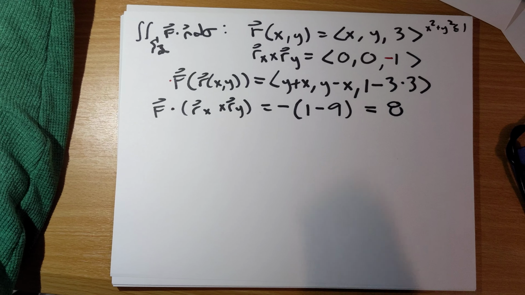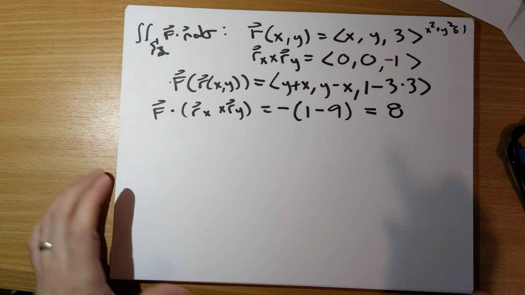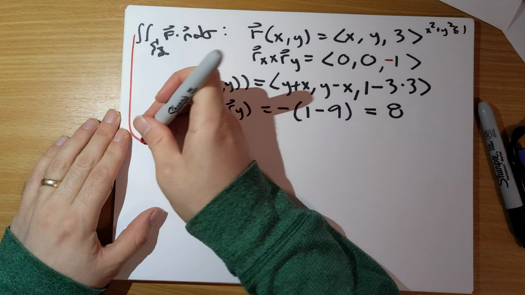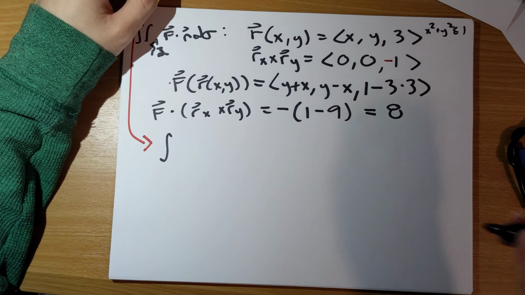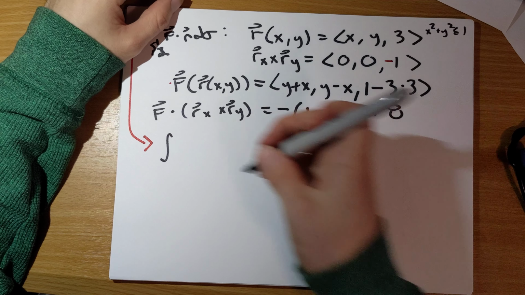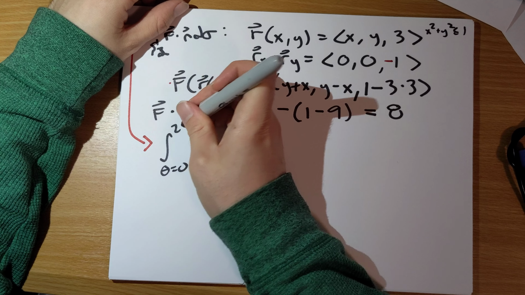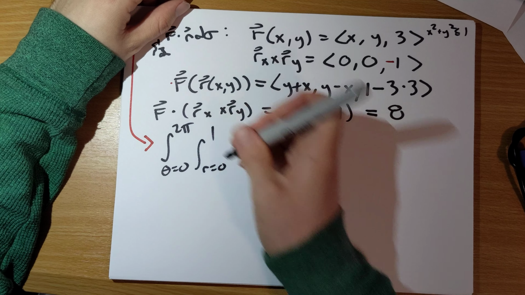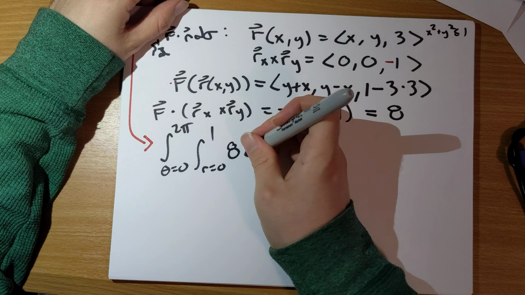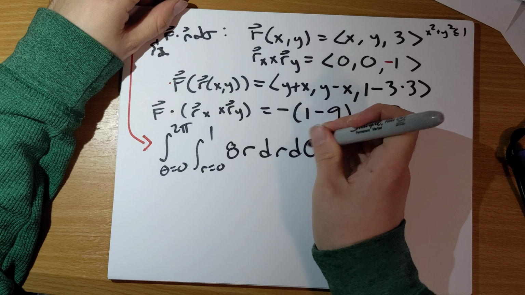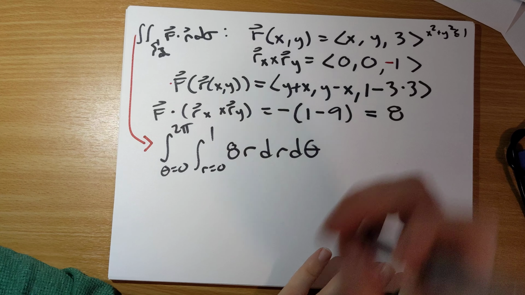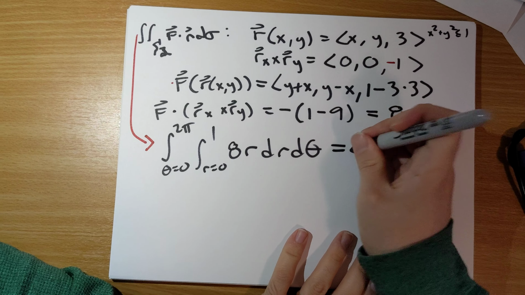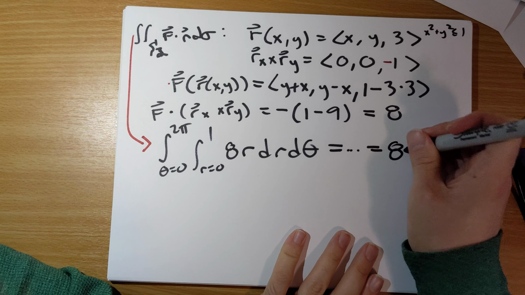And this ends up as 8. So we are going to integrate here. Theta, let's see here. So again, we need to change the polar coordinates. Theta runs from 0 to 2 pi. R runs from 0 to 1 of 8r dr d theta. And a little bit of thought should convince you that this ends up as 8 pi.